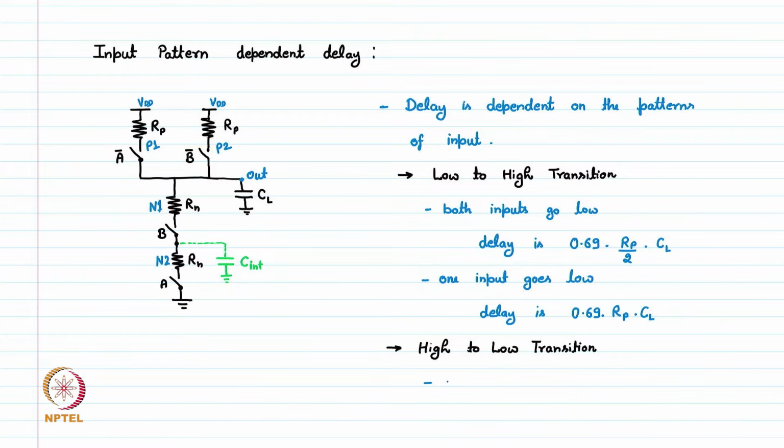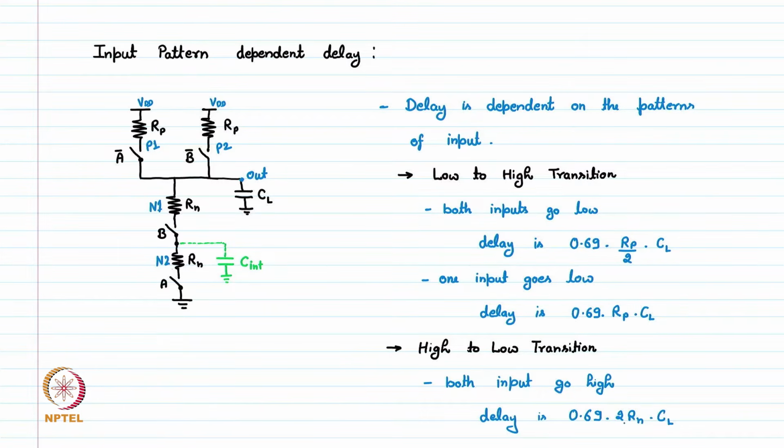So there is only one case, both inputs go high. And we can say the delay is 0.69 times twice Rn into CL.